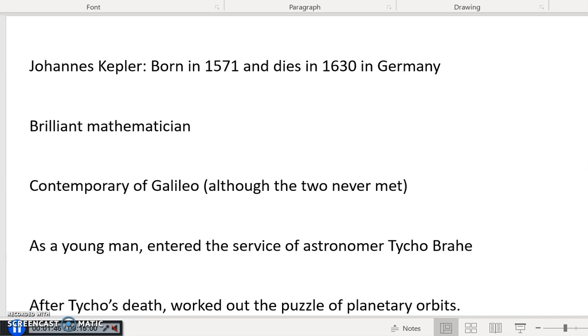His job, or at least part of his job, was to go outside at night and take very, very careful measurements, not only of the stars, but also of the planets. So with instruments like sextants and compasses, he would measure very precisely angles, right?